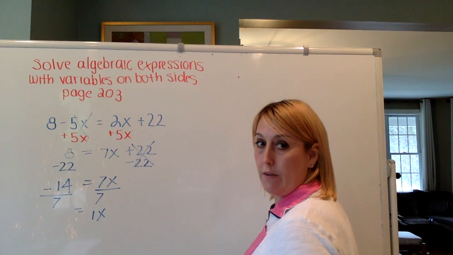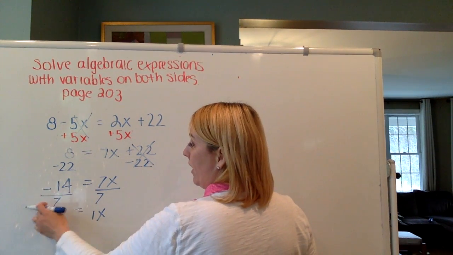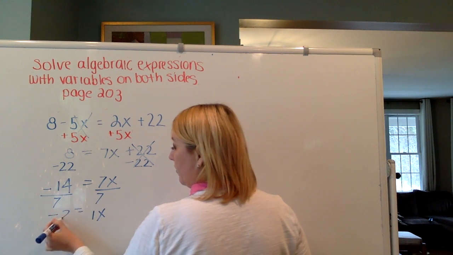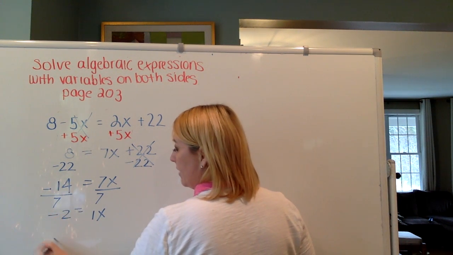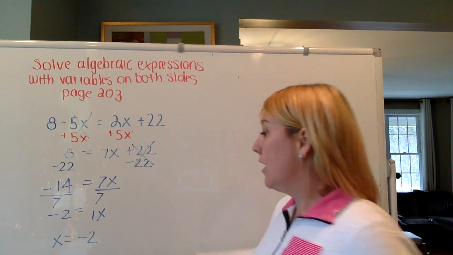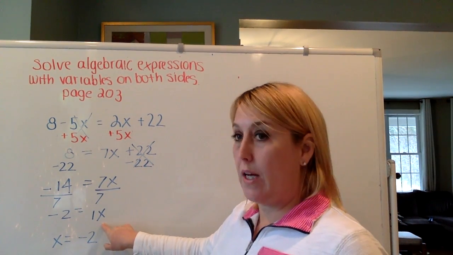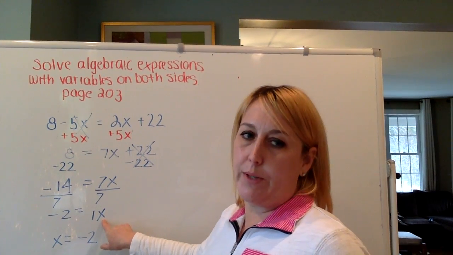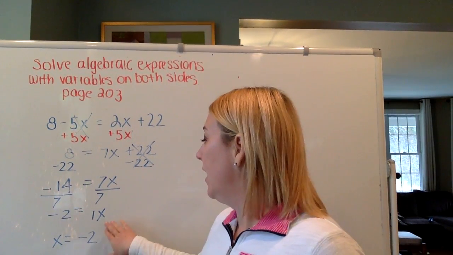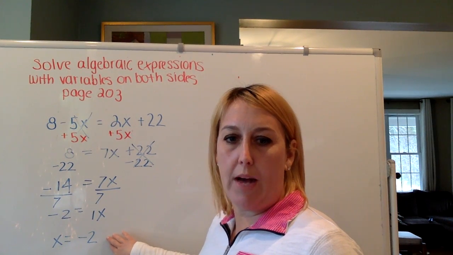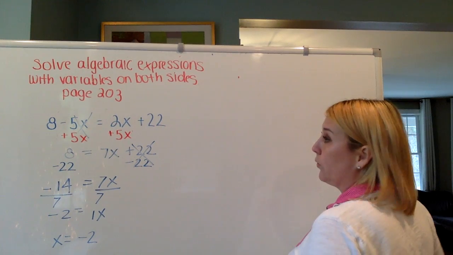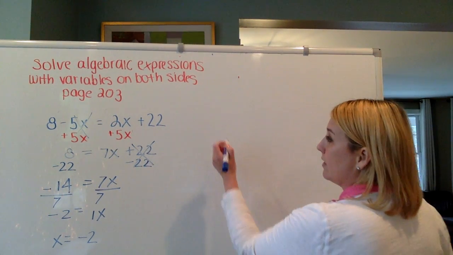Negative 14 divided by 7, a negative divided by a positive is a negative. 14 divided by 7 is 2. So our answer is x equals negative 2. You actually can leave the x on the right side because of the commutative property. You could change the order there, but it is kind of more proper to have it written in this form.